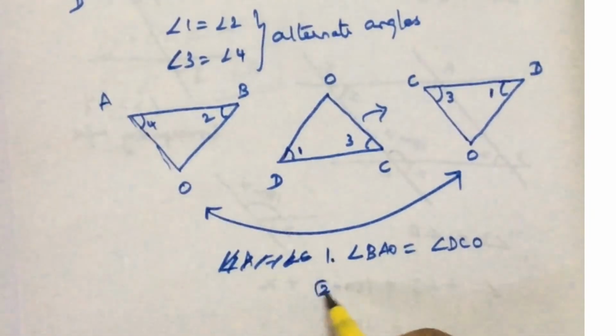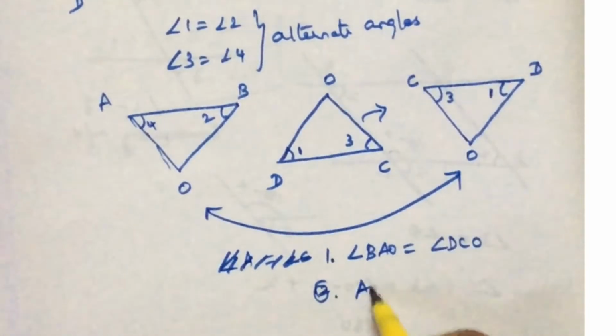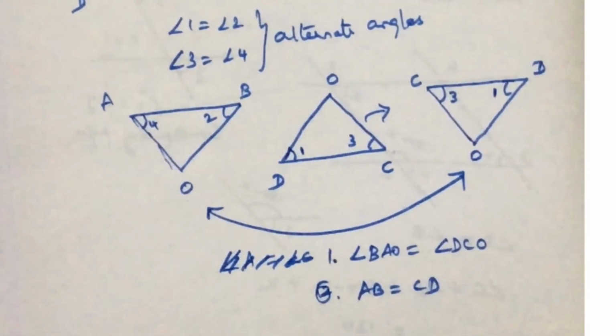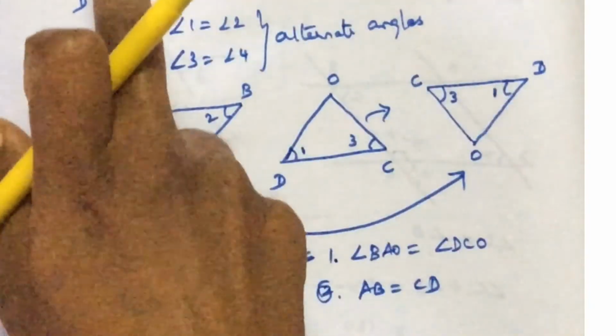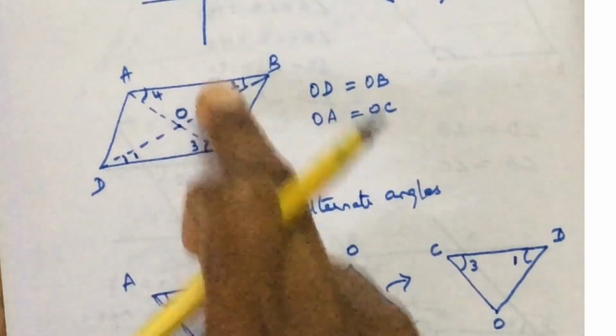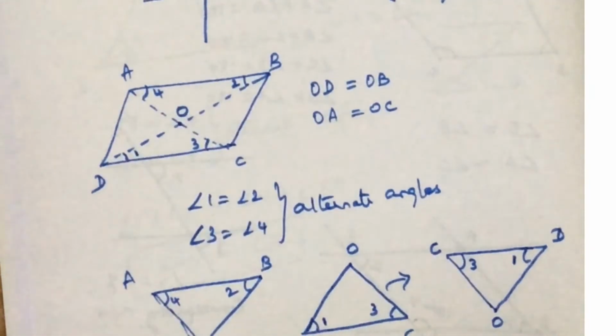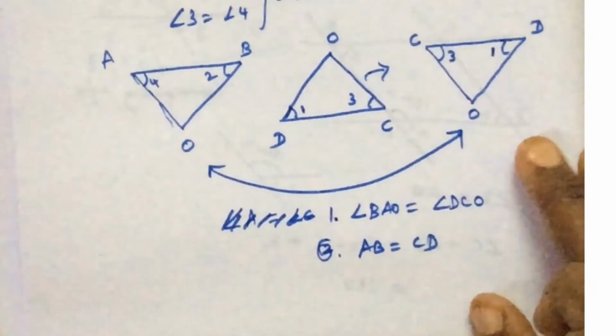The second case is, we know that AB is equal to CD. Why? Because in a parallelogram, AB is here, CD is here. These are opposite sides, and opposite sides of a parallelogram are equal. So AB should be equal to CD.